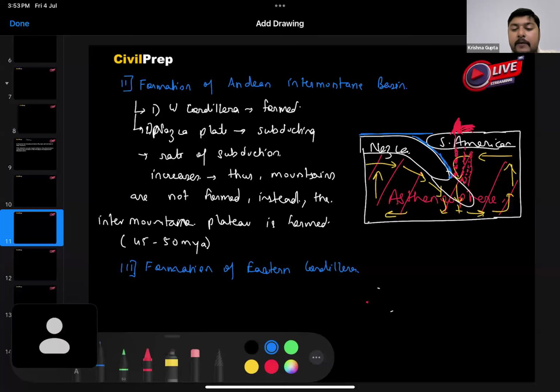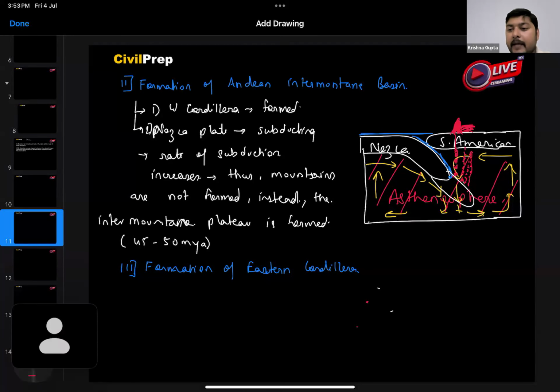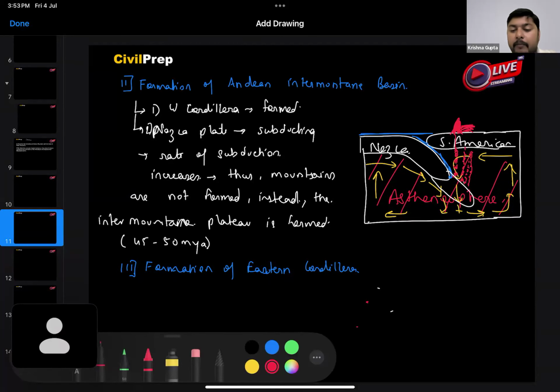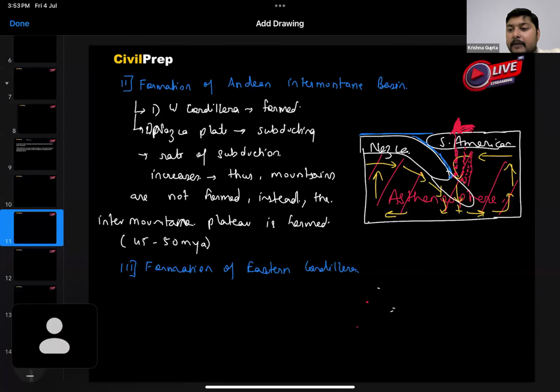So under the Eastern Cordillera, what happened next? As the Nazca plate moved further, there was provision of magma here. But what happened here? The rate of movement of the plate slowed down. So as the plate slowed down, there was again formation of the mountains.